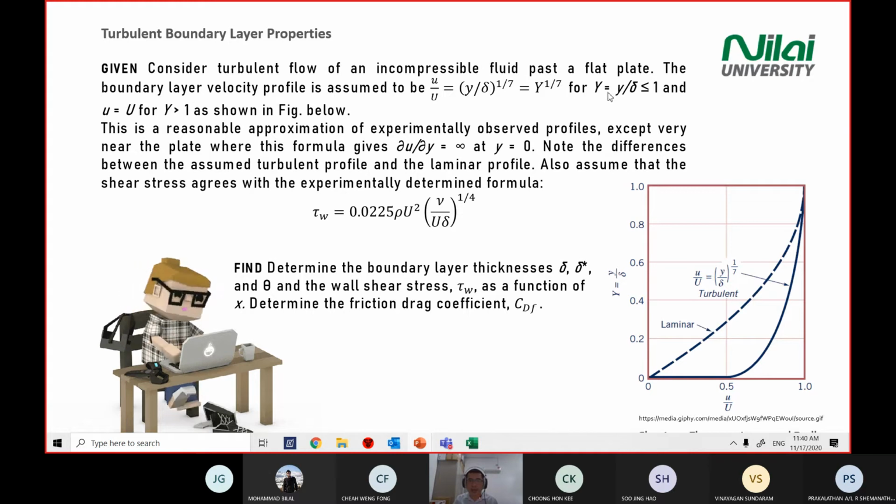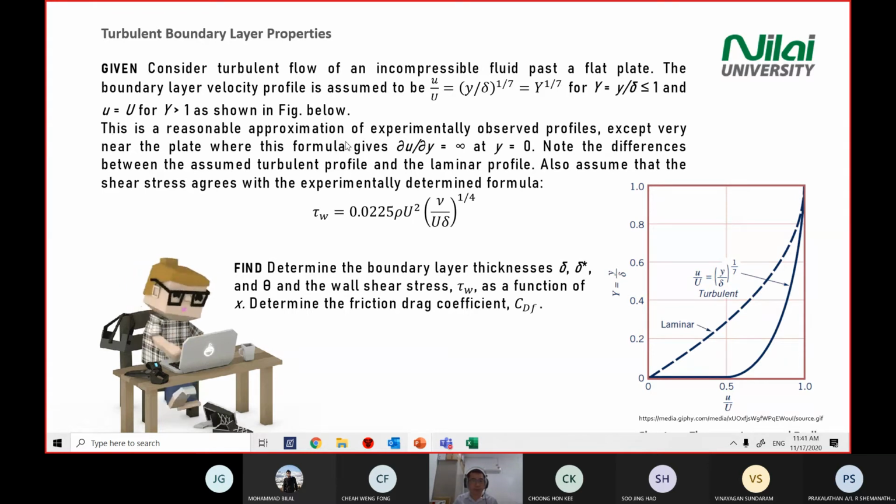For capital Y equal to y divided by delta less than 1, meaning the ratio between y and the boundary layer thickness is between 0 and 1. And u equals U for y more than delta, so above the boundary layer your velocity magnitude is your upstream velocity, big U.